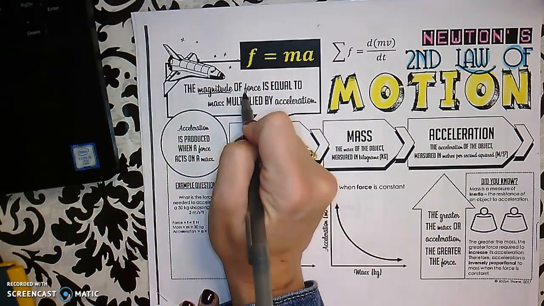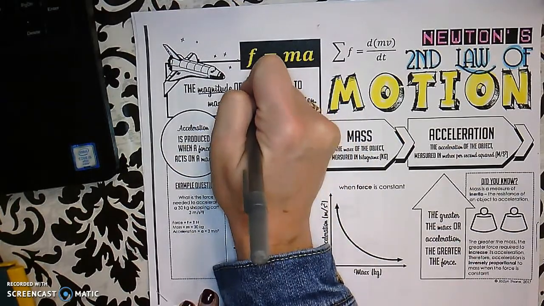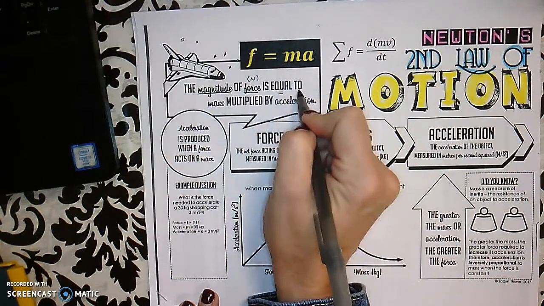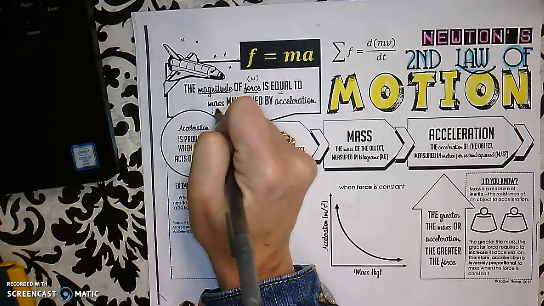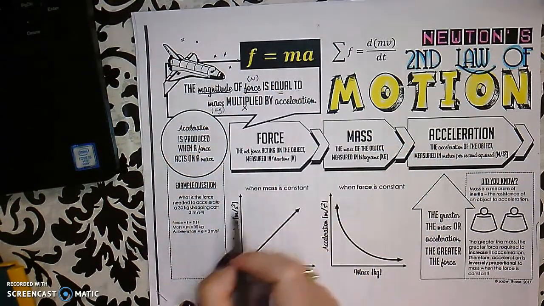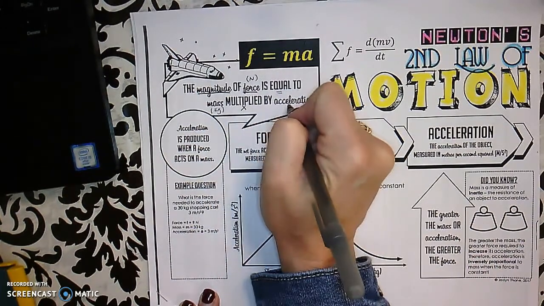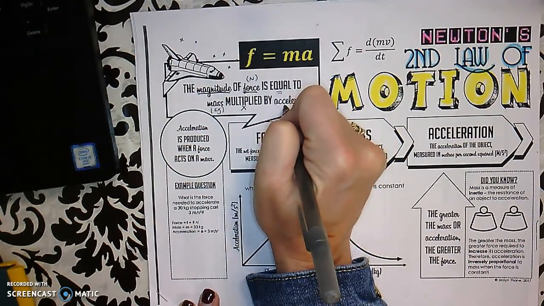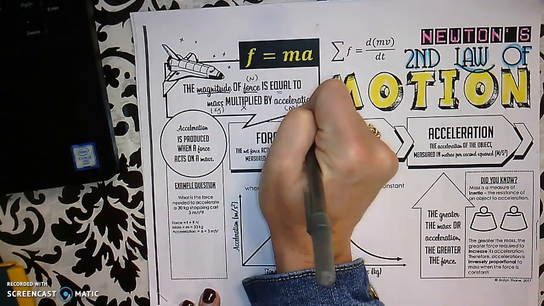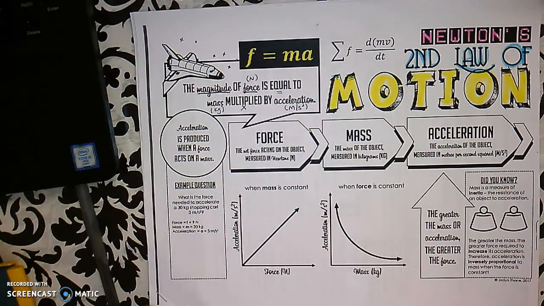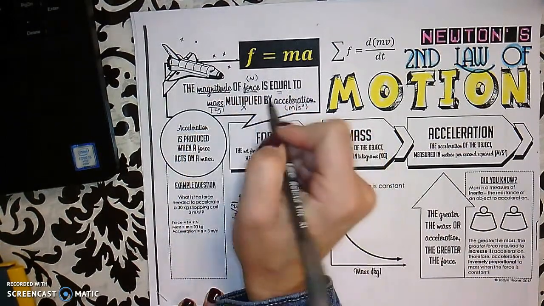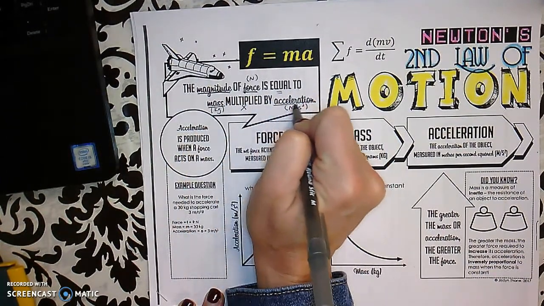The magnitude of force, measured in newtons, is equal to mass, measured in kilograms, multiplied by acceleration. Acceleration is from last unit, and remember acceleration is measured in meters per second squared.